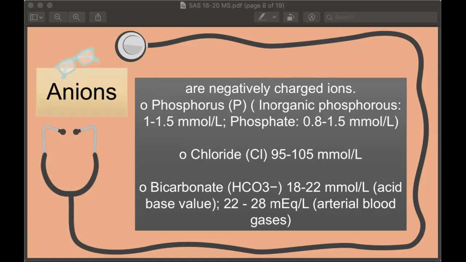Now, chloride. We already introduced this one a while ago. Chloride is 95 to 105. It is the main ECF anion, and it helps in maintaining the normal ECF osmolality, and it affects the body pH. This one plays a vital role in maintaining the acid-base balance. And whenever chloride is combined with hydrogen ion, what will it produce?